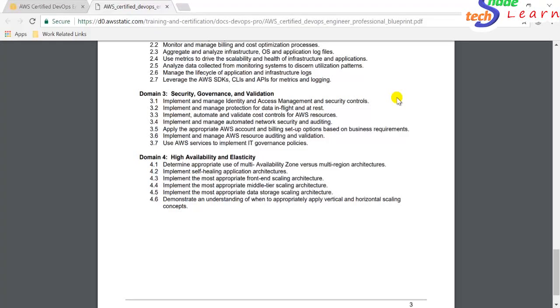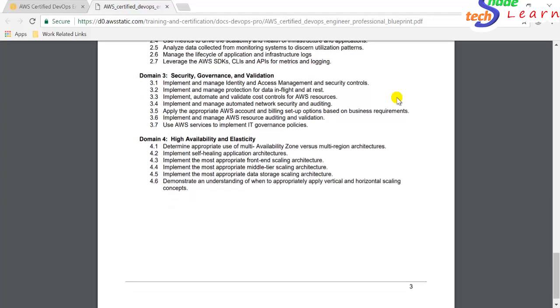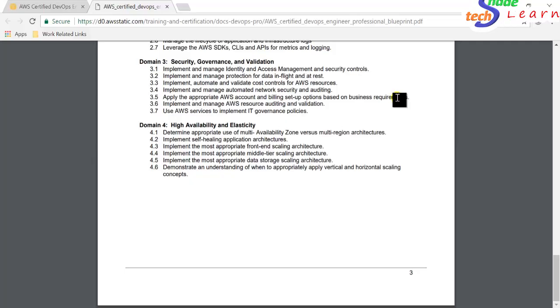So all these things need to be focused on in the high availability and elasticity domain. Now the next thing is to demonstrate an understanding of when to apply vertical and horizontal scaling concepts.